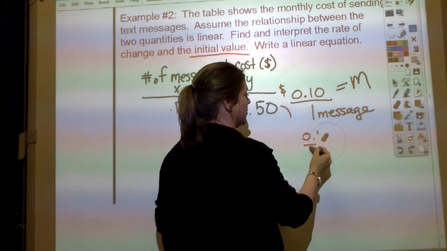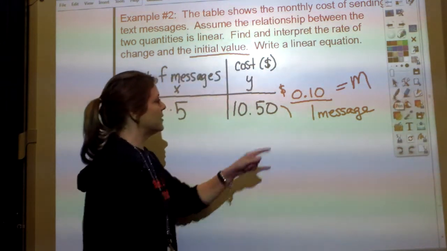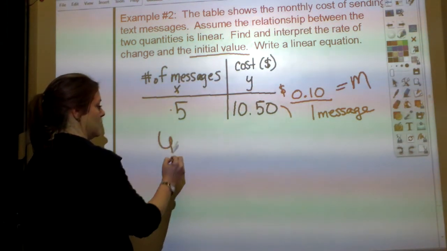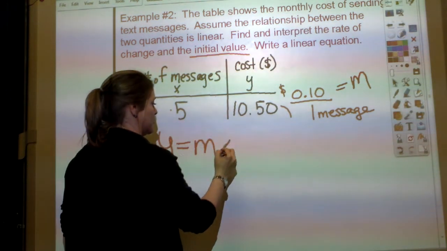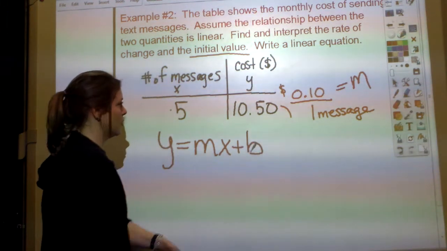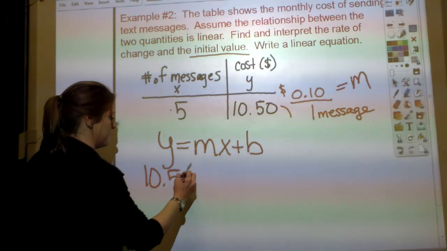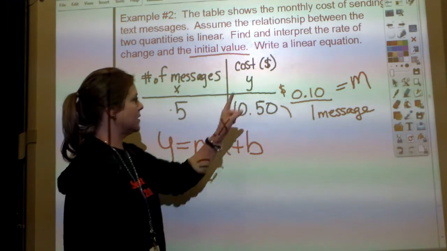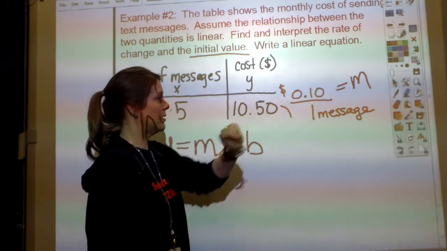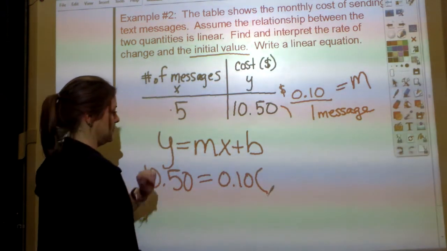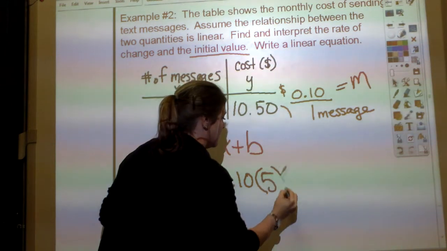So again, we're going to put these three values into our slope-intercept equation. We're going to put 10.50 in for y. We're going to put 10 cents, 0.10, in for m, and 5 in for x.